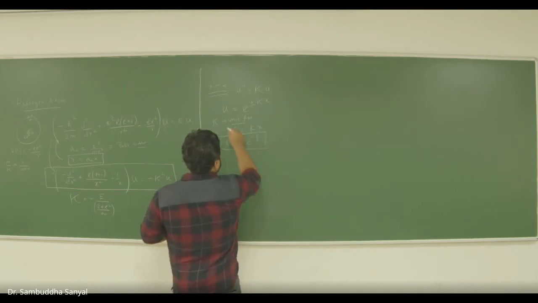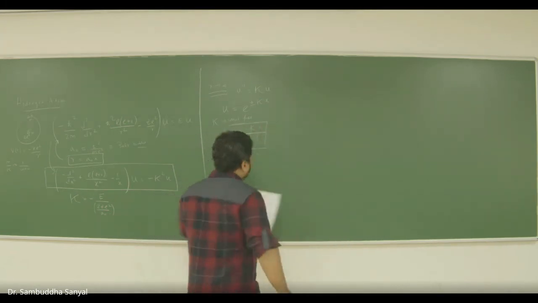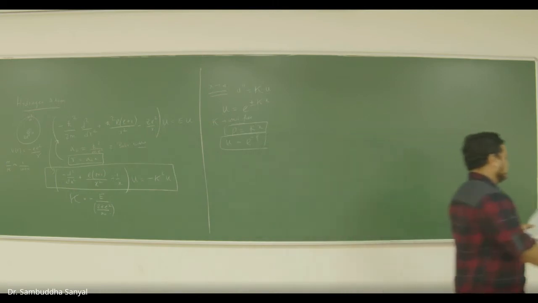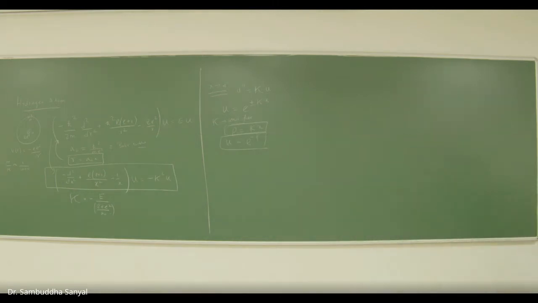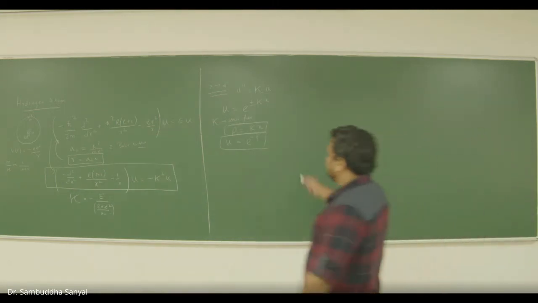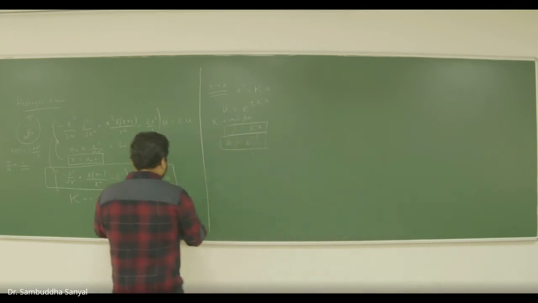This is just a convenient choice, with which I'll do one further transformation and write everything in terms of rho from now onwards. Okay. So now I got the x going to infinity limit solution.